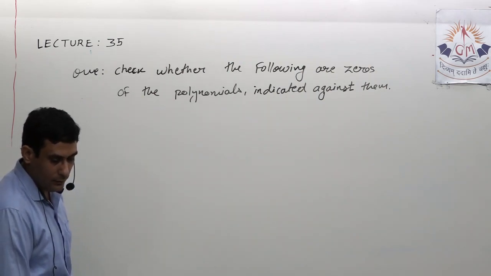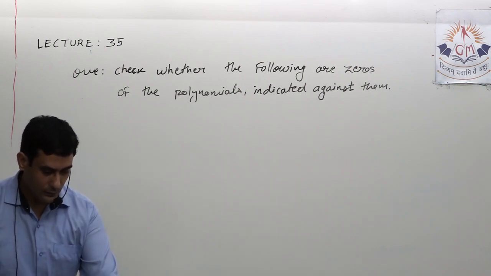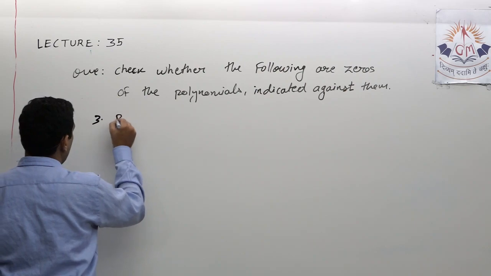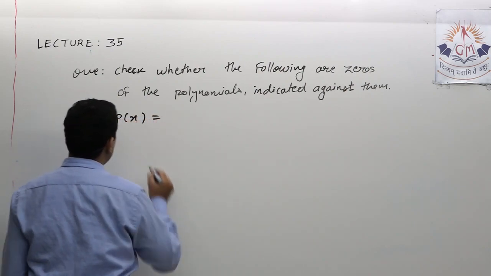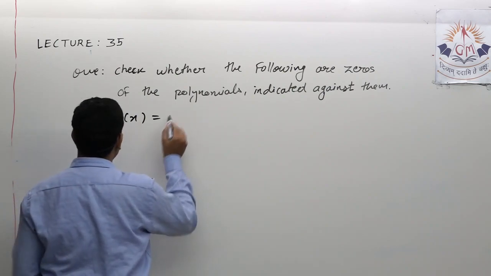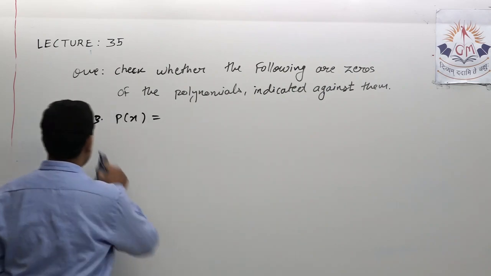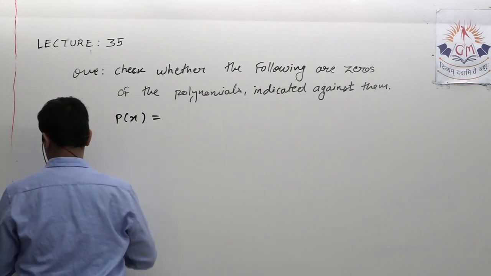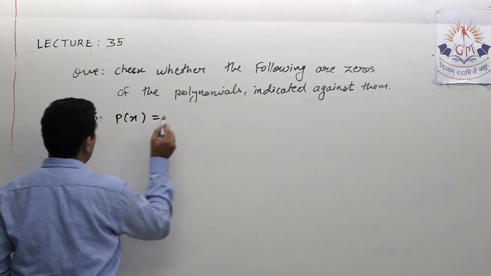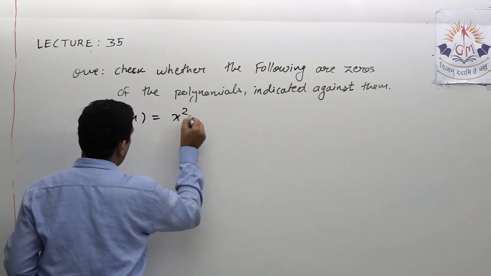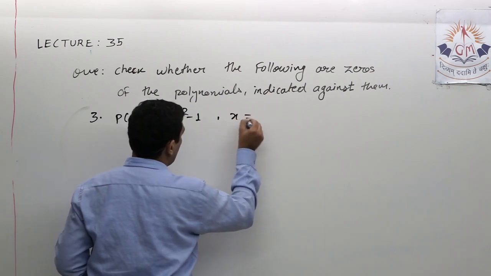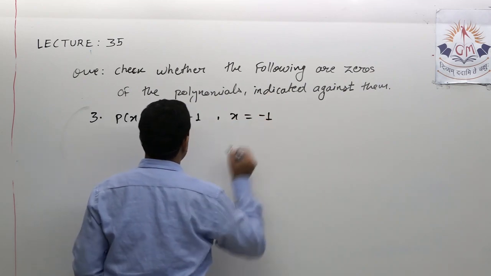Third one is p(x) is equal to x square minus 1, and the value of x is x equal to minus 1.